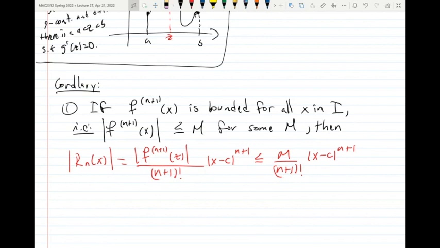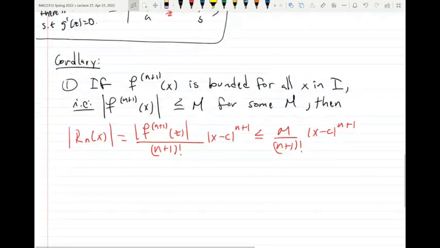And if moreover you know what the interval is that you care about, you will be able to also bound this part, because you can find whatever is the maximum value on the interval, let's say the radius of the interval. In the case of radius of convergence, you can replace this by r, which is the radius of convergence. And then you have a bound that does not depend on x at all, so it's a uniform bound, and then you're going to be able to figure out exactly what the error is, or an upper bound for the error, which is at the end all we care about.